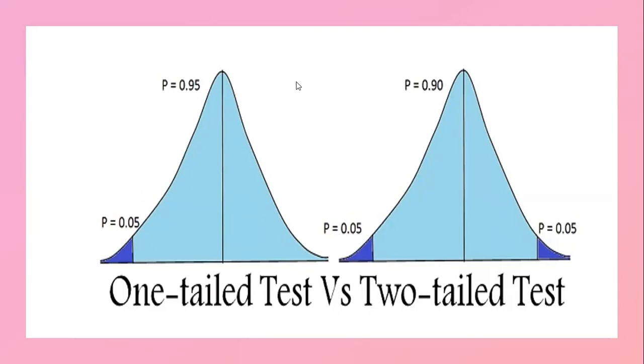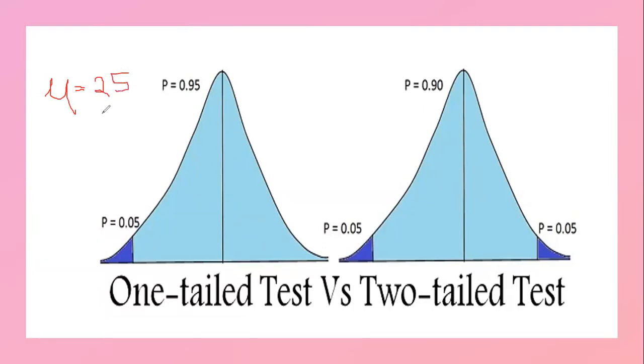just by looking at the hypothesis. Say the hypothesis says mu, meaning the population mean average, mu is equal to 25. Consider mu is equal to 25.